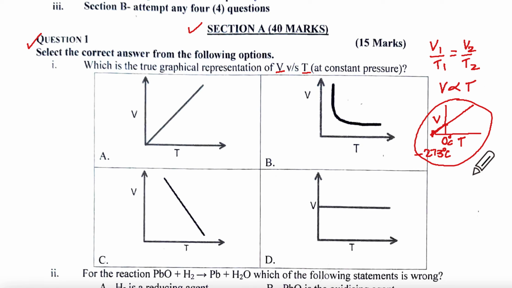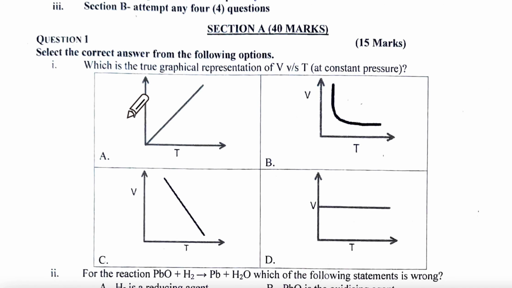So if it is directly proportional, it cannot be this, it cannot be this, it cannot be this, and actually it is not even this. Can you see that? It should have been like this, correct? What does this tell me? That at 0 Kelvin it is having 0 volume, correct?